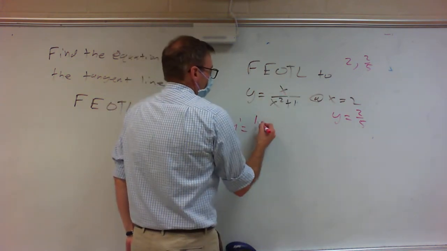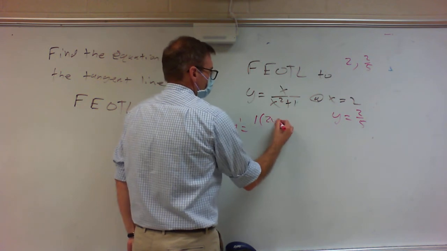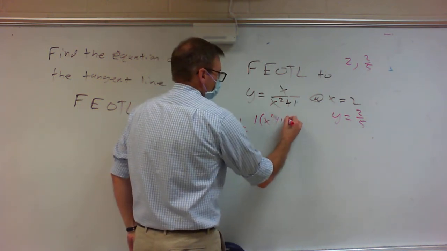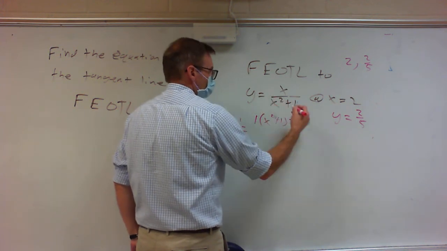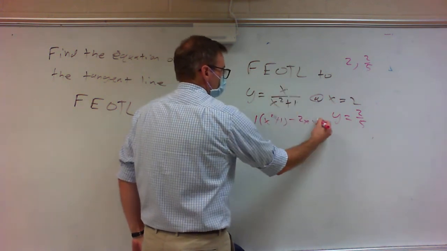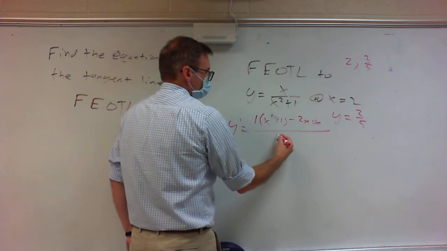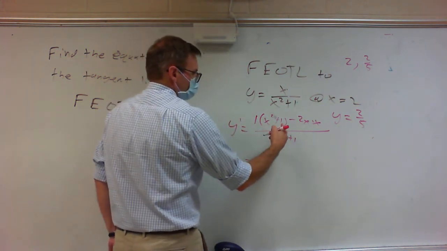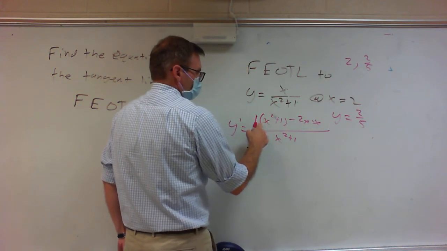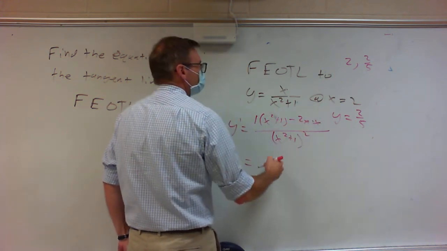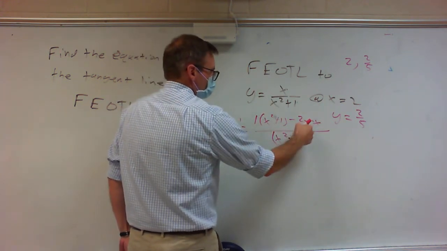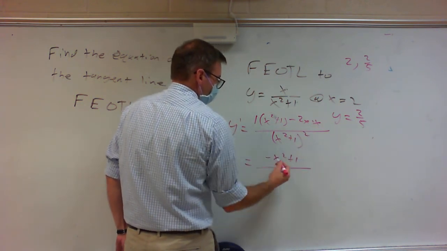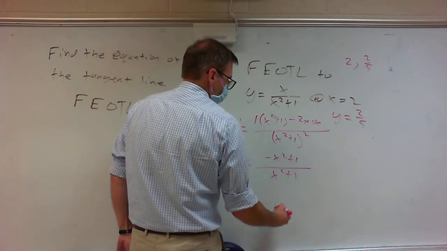Derivative of the top is 1 times the bottom, which is x squared plus 1, minus derivative of the bottom, which is 2x times the top, all over the bottom squared. And let's see. Forgot the square. Thank you. x squared plus 1 minus 2x squared is negative x squared plus 1, all over x squared plus 1 squared.